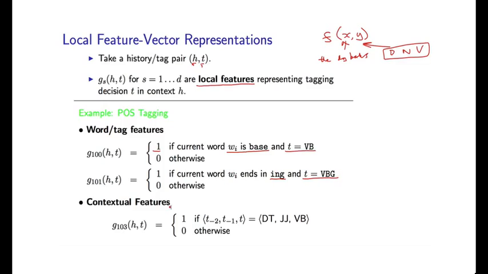We can also have contextual features which look at the tag being proposed and the previous 2 tags in the history. So here's a feature which is 1 if the trigram of tags, the previous 2 and the tag being proposed, are the sequence determiner, adjective, verb, and so on. As we saw in the lecture on log linear models, one great thing about these feature definitions is that you can ask any question about the history in conjunction with the tag being proposed that might be useful in disambiguating the tag at the current position.